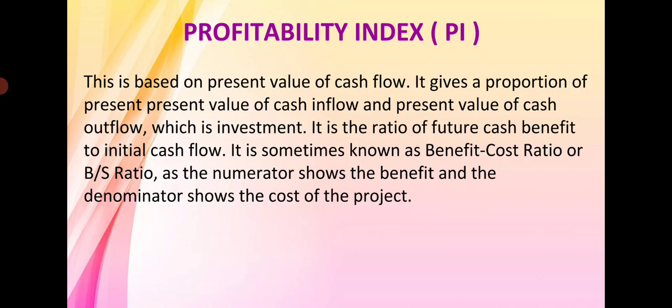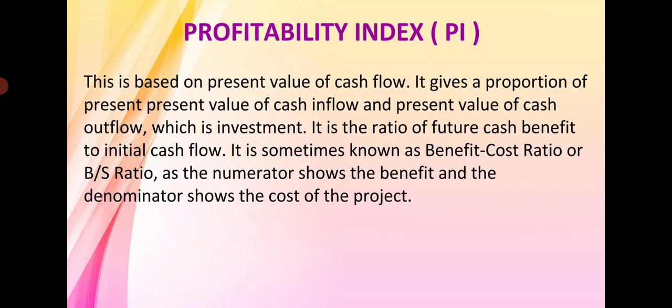Now if the index rate is greater than 1, then the organization is going to accept the project. And if the index rate is 0 or negative, then it is going to be rejected.